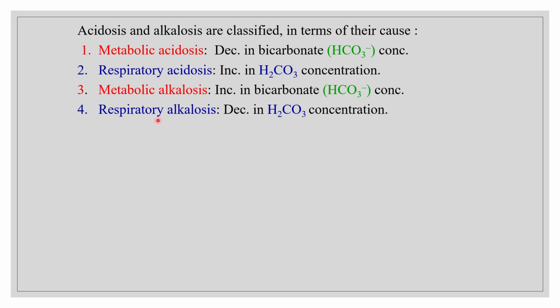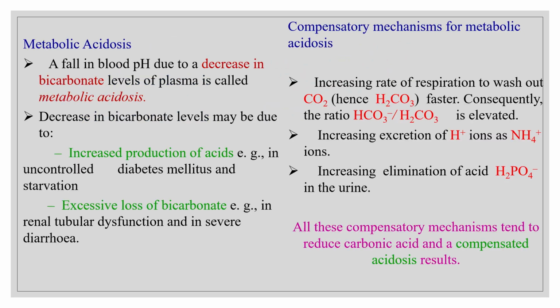So there is a clear concept. Metabolic states are concerned with the deviation in the bicarbonate level, while the respiratory conditions, acidosis or alkalosis, are concerned with the deviation of the partial pressure of carbon dioxide or carbonic acid concentration, right?